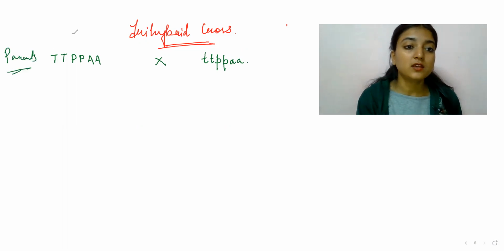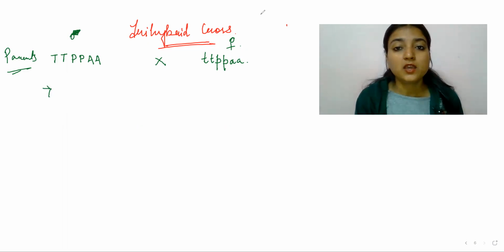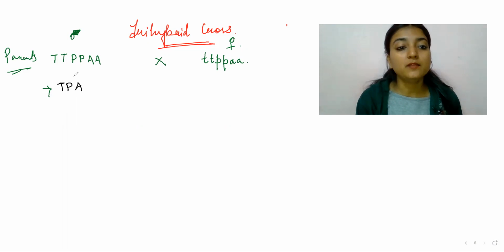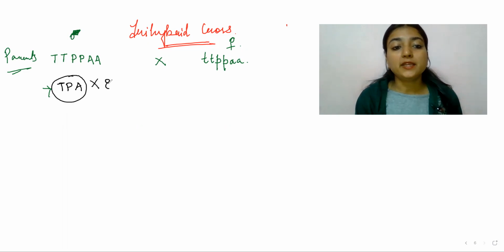Let us take this as a male and this is a female. Now we will take the gametes. The gametes here produced will be 8 in number. I will tell you. First, it will be TPA into 8.